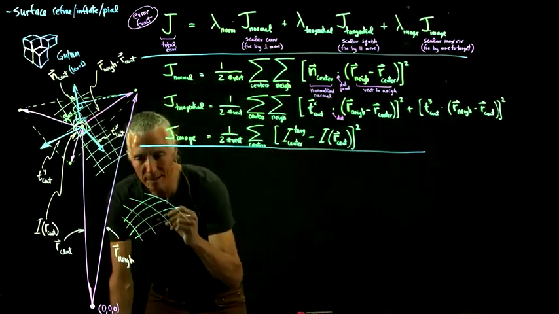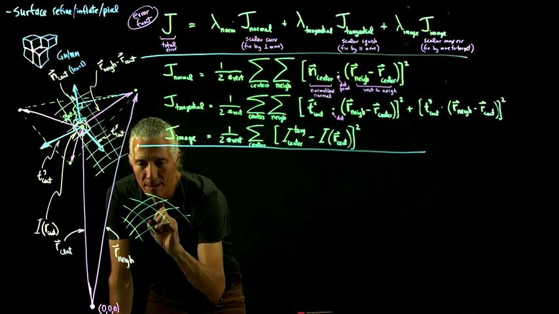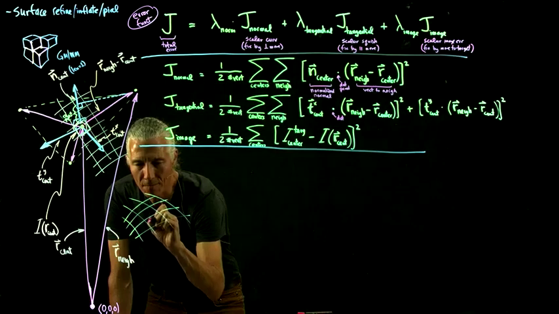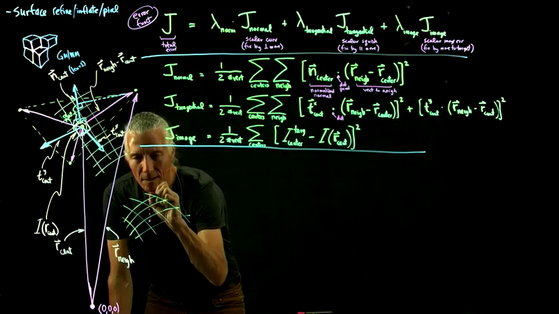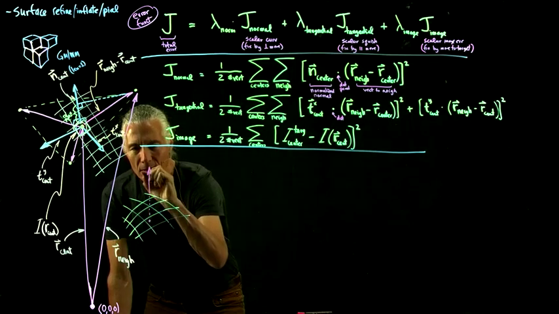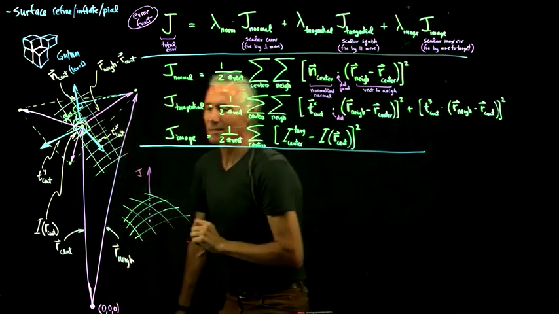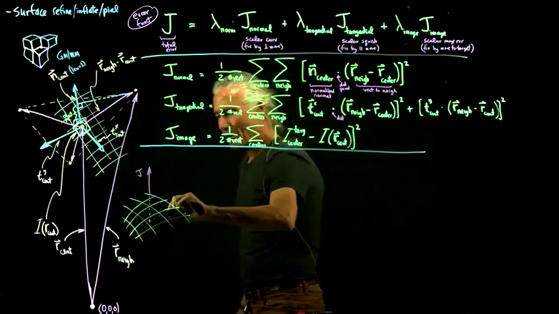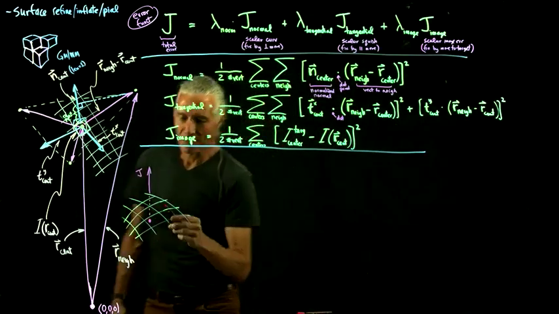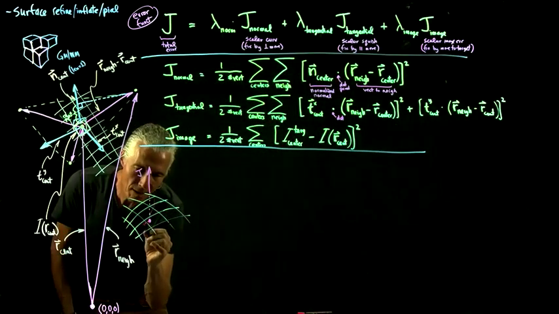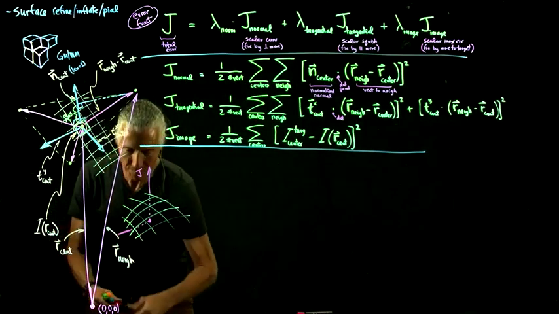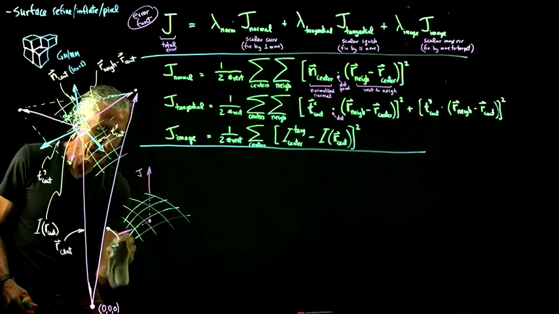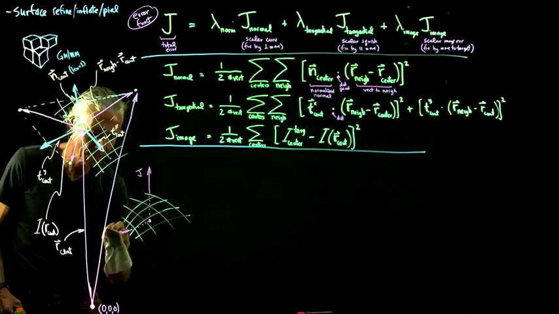Here's the 0 of the coordinate system, and here's the J direction. So the error is going up, and then you've got two different coordinates that you can change in order to reduce the error.